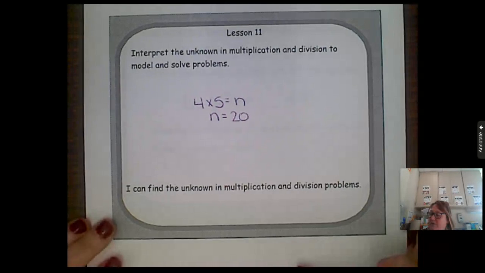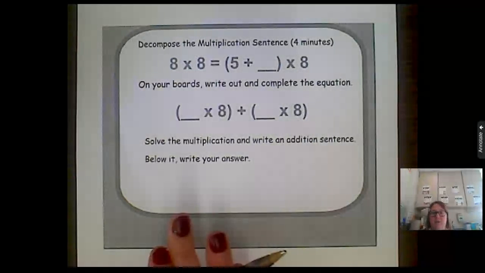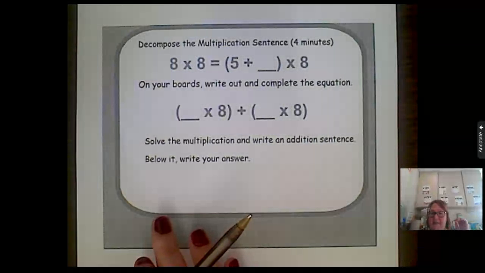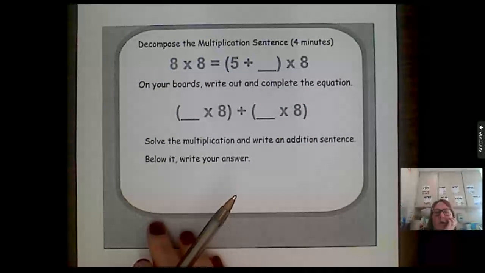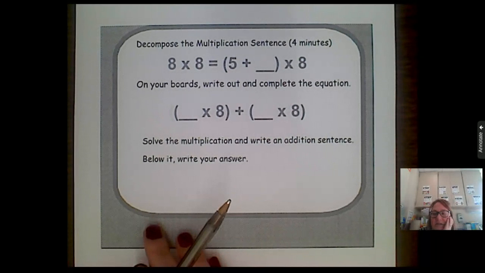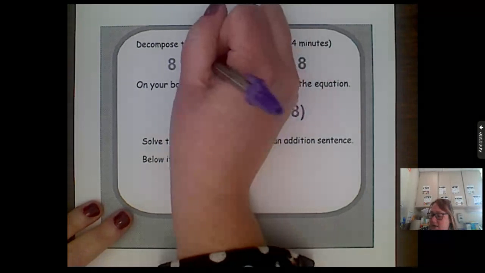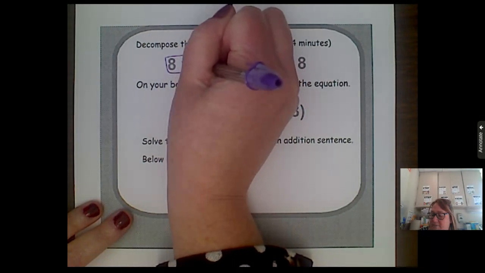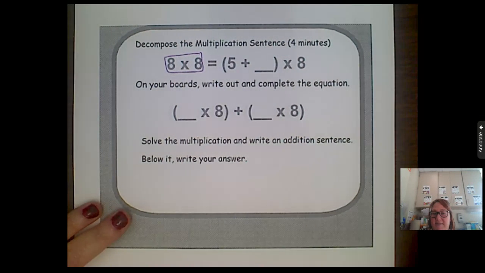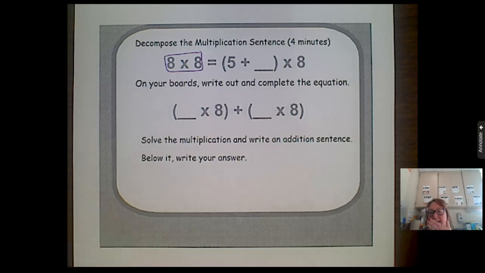I just wanted to do a teeny tiny bit of a review on something that we touched base with briefly the other day. We're going to decompose these multiplication sentences. So I have 8 times 8. Do you remember our silly rhyme for 8 times 8? I ate and I ate and I got sick on the floor. 8 times 8 is 64.